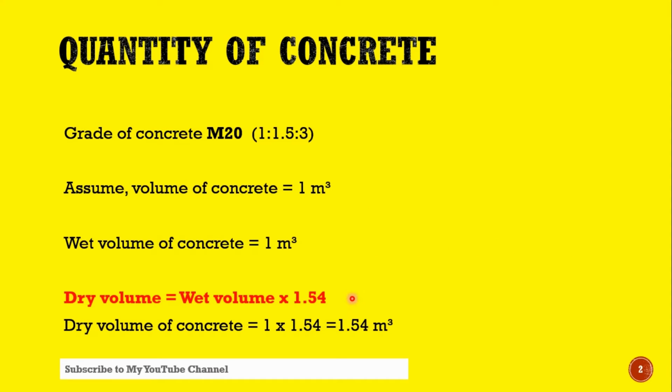It is standard practice to take 1.54, but you can also take this value as 1.50 to 1.55, that is 1.50, 1.51, 1.52, 1.53, 1.54, 1.55. You can take anything. Therefore, dry volume of the concrete equals to 1 multiplied by 1.54, which is equals to 1.54. Here 1 is wet volume of the concrete.